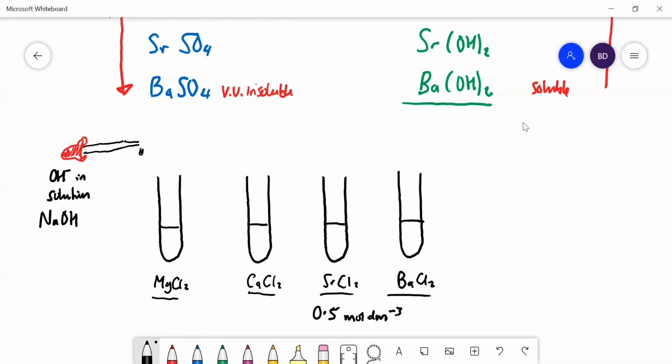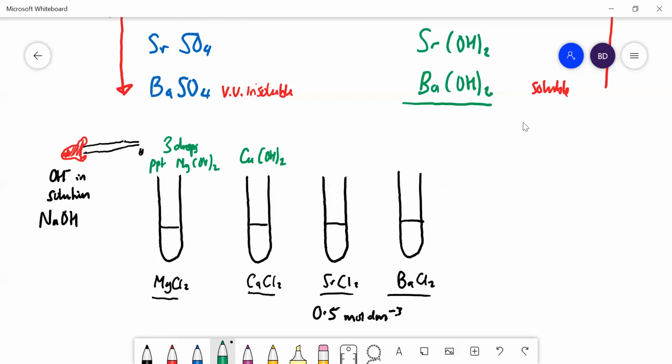Now, if you add it to magnesium, you'd probably get away with adding 3 drops, because magnesium hydroxide is pretty insoluble. You get a precipitate of magnesium hydroxide. Now, calcium hydroxide is more soluble. Calcium hydroxide is lime water, and a saturated solution of lime water is about 0.1 mole per decimeter cubed, so it's reasonably soluble.